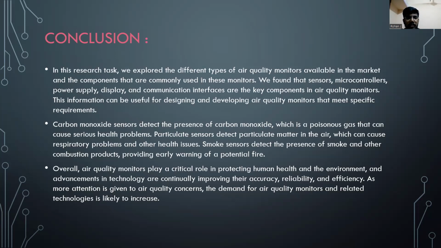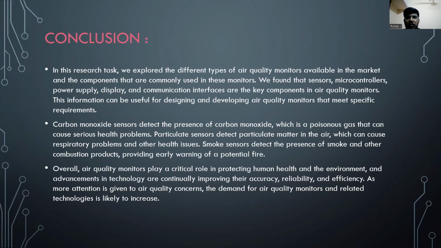Carbon monoxide sensors detect the presence of carbon monoxide, which is a poisonous gas that can cause serious health problems. Particulate sensors detect the particulate matter in the air, which can cause respiratory problems and other health issues. Smoke sensors detect the presence of smoke and other combustion products, providing early warning of a potential fire.